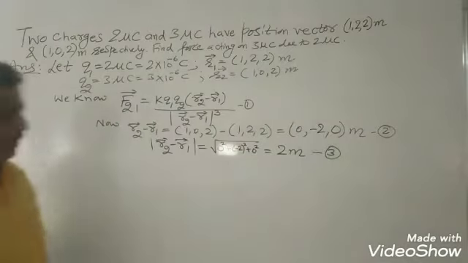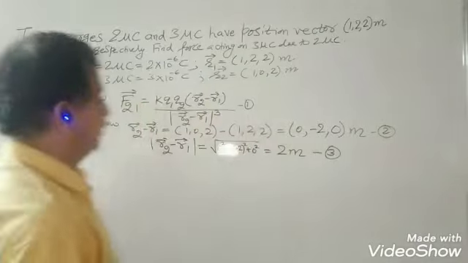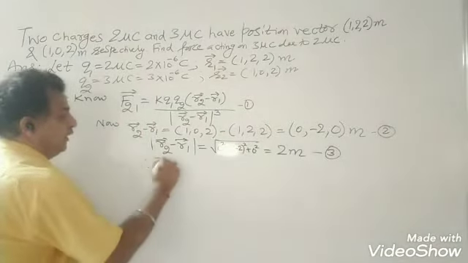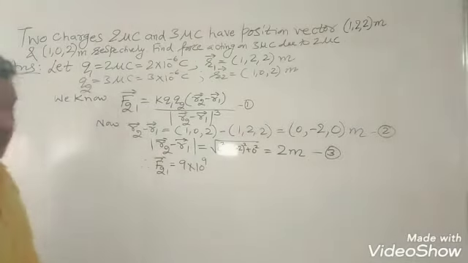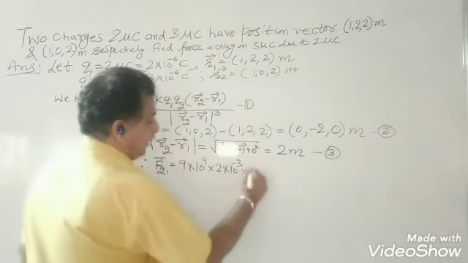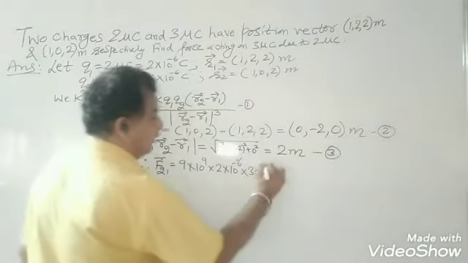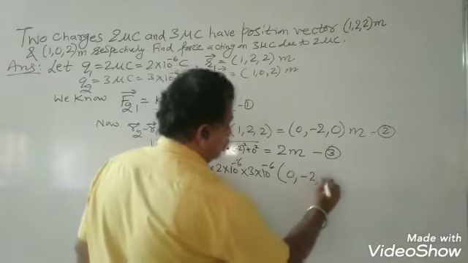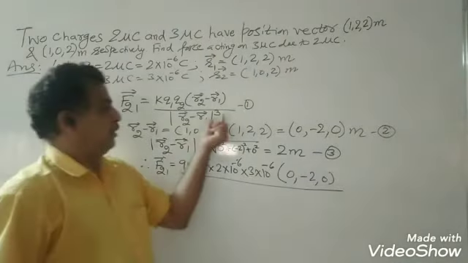So now the steps are very simple. You substitute equation 2 and 3 in equation number 1. Therefore, F21 is equal to K value, that is 9 into 10 raised to 9, Q1 2 into 10 raised to minus 6, into Q2 3 into 10 raised to minus 6, since microcoulomb is given, times the coordinates, that is (0, minus 2, 0), divided by the magnitude cube.